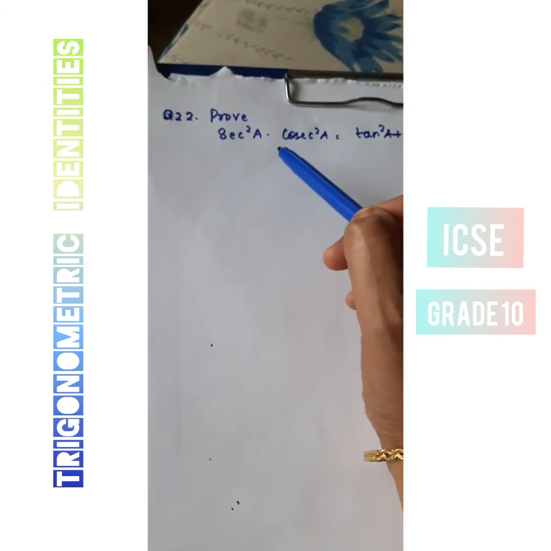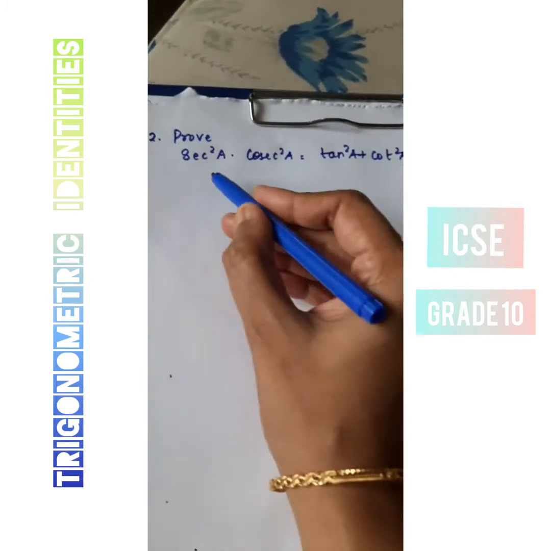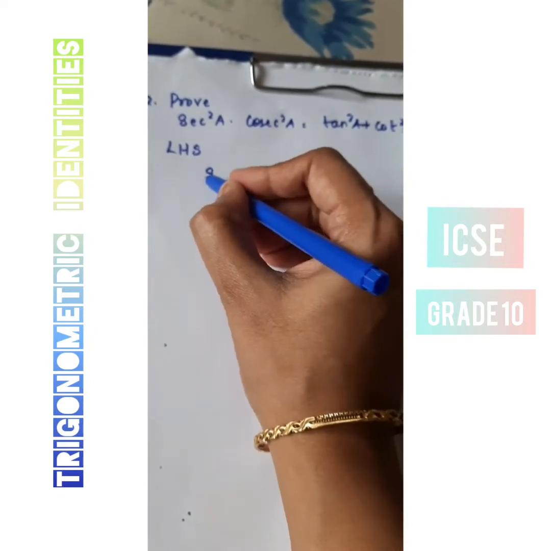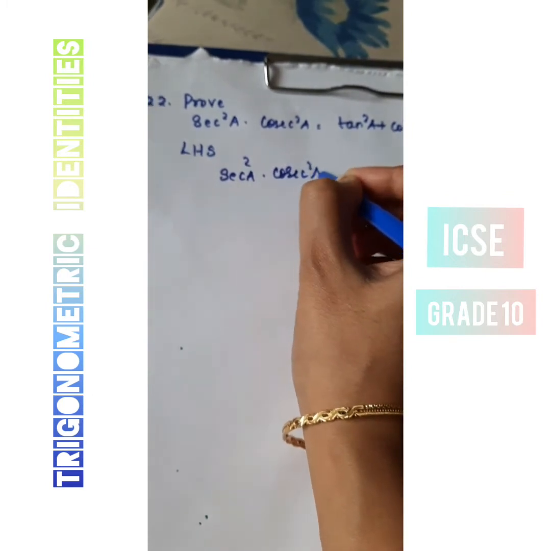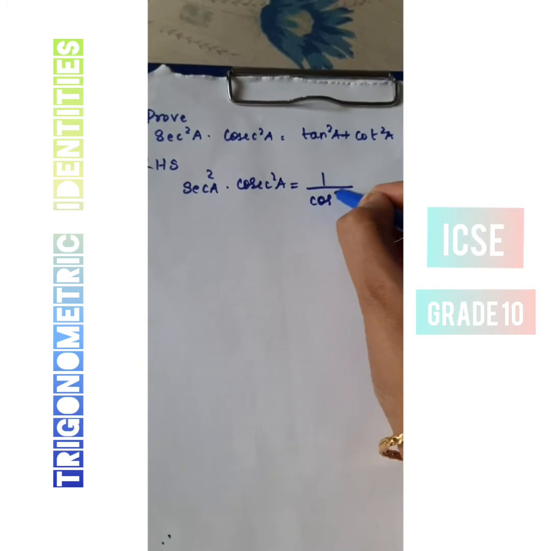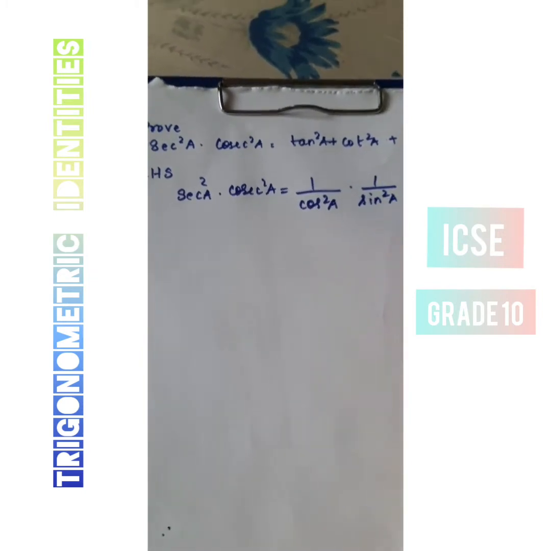Question 22, prove secant square a into cosecant square a equal to tan square a plus cot square a plus 2. So let's take the LHS, secant square a into cosecant square a. So secant is a reciprocal of cos, so secant square is 1 by cos square, and sine square reciprocal is cosecant square.